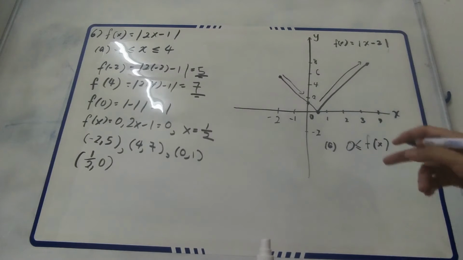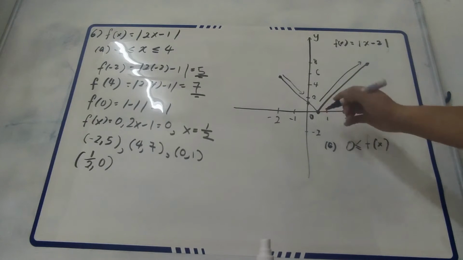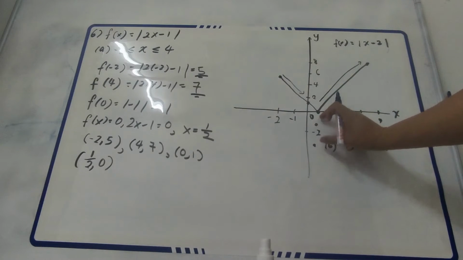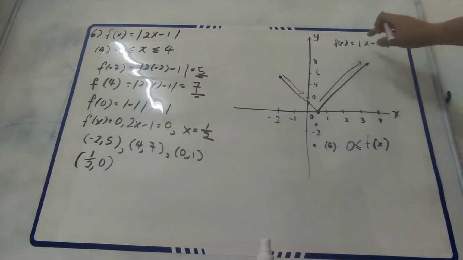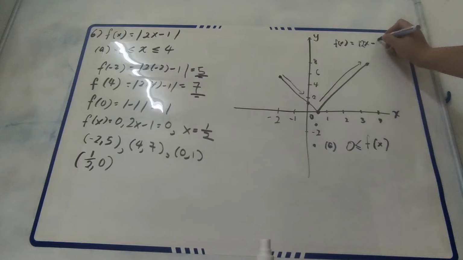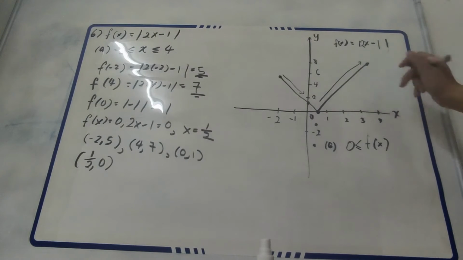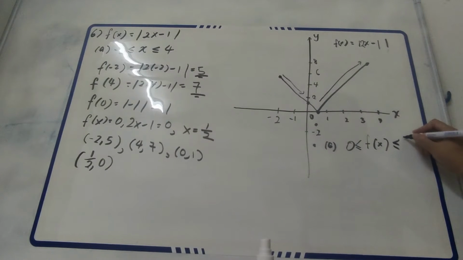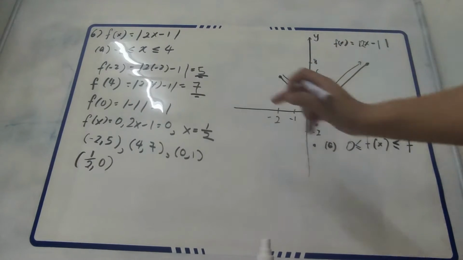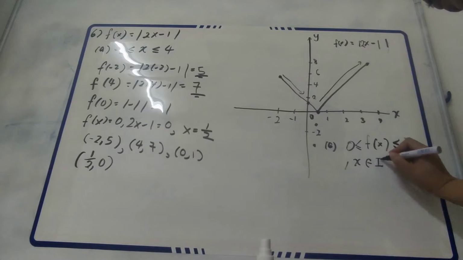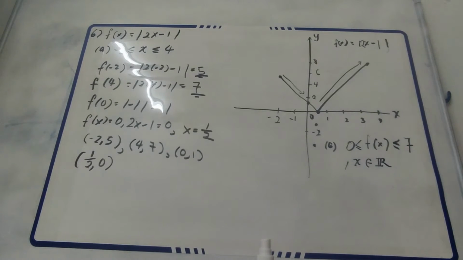That means the point below here is not within this function |2x - 1|. And then must be smaller or equal to 7 here. So don't forget your x must be an element of the real numbers. So this is how you write the range.